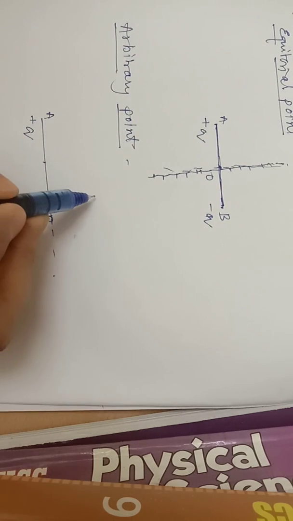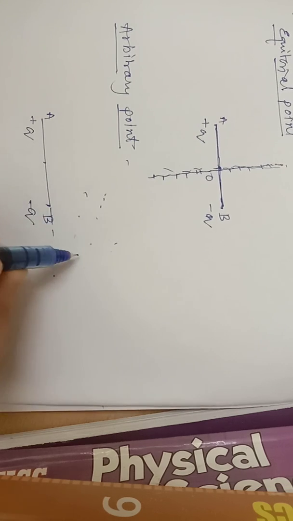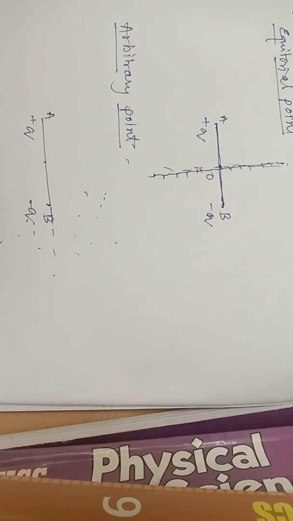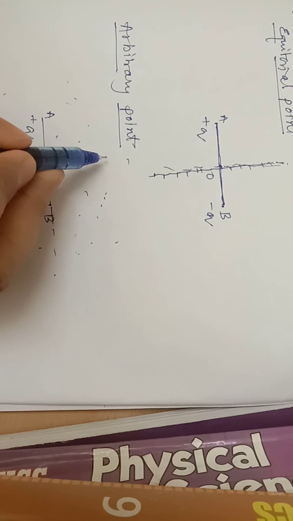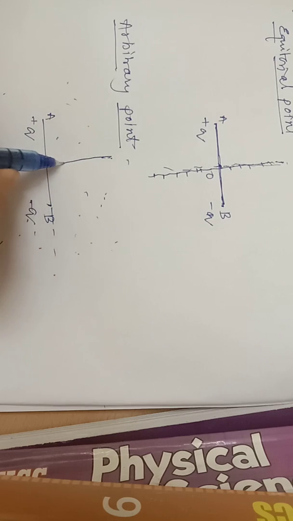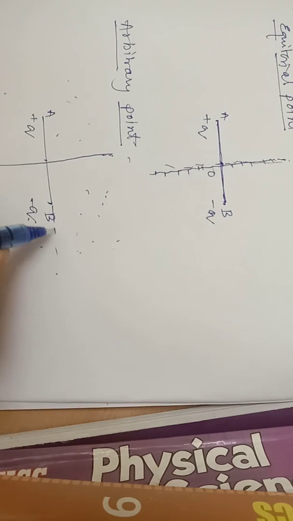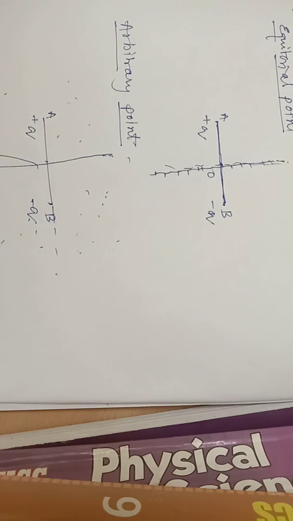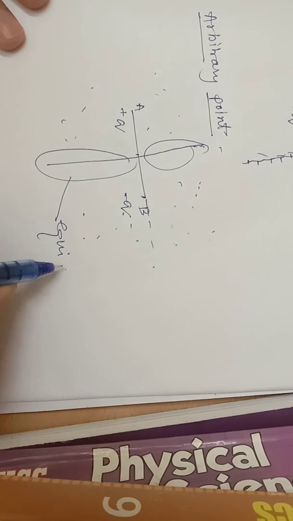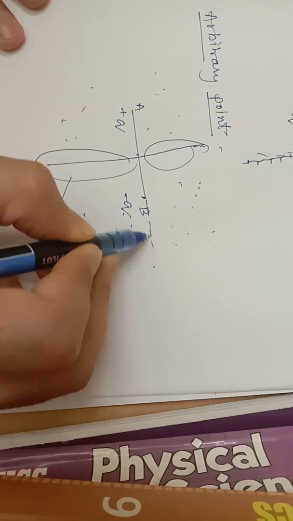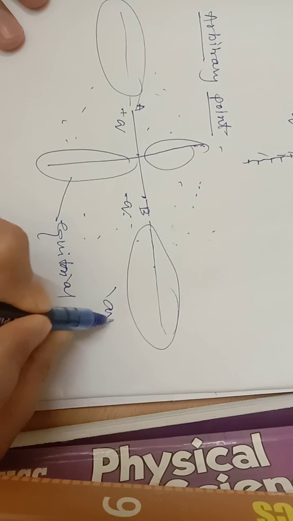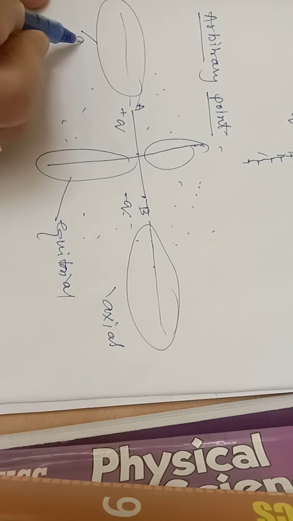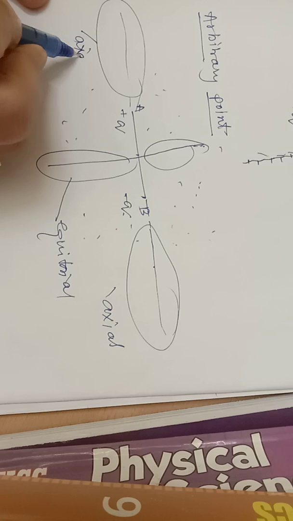That means the point can be here, here, anywhere. Except the points on this line and this line. These all points will be equatorial and these all points will be axial.